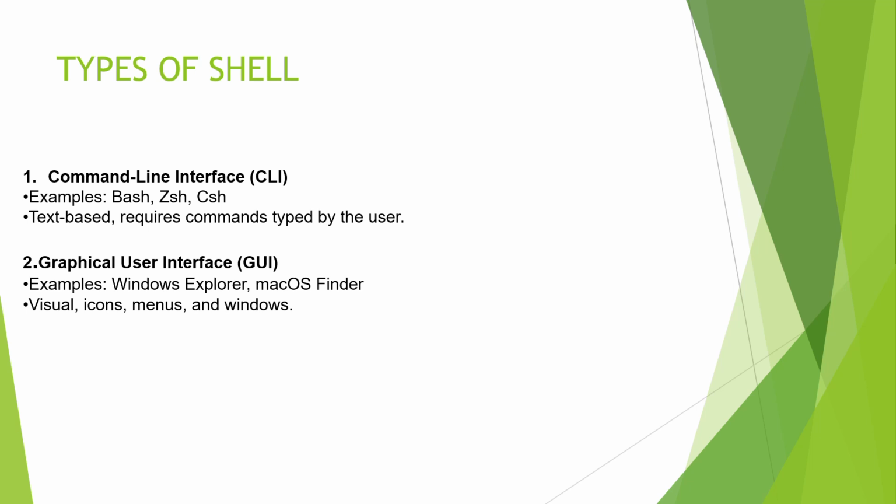Second is the graphical user interface, GUI. Graphical user interface is easier for beginners, providing a more visually oriented experience for everyday tasks. It uses graphical elements like visual icons, menus, and windows.